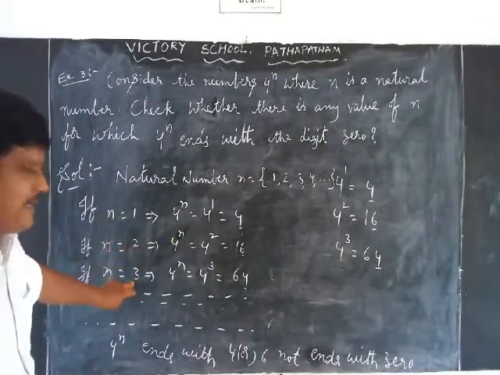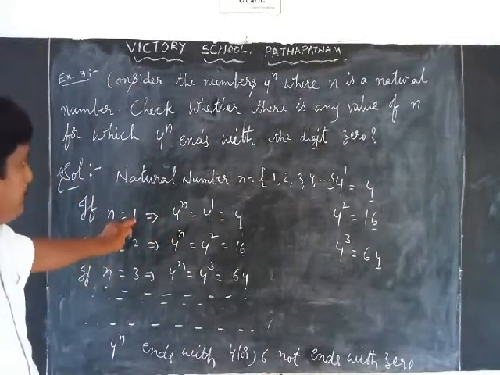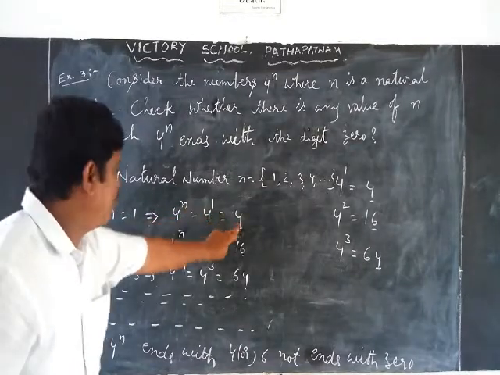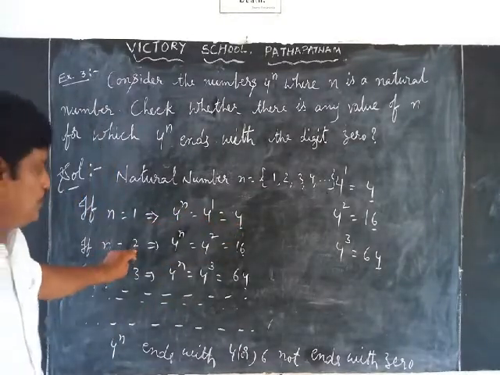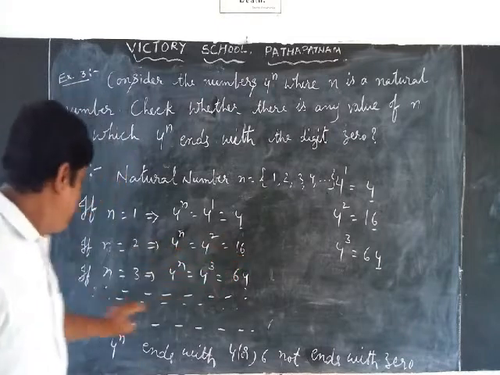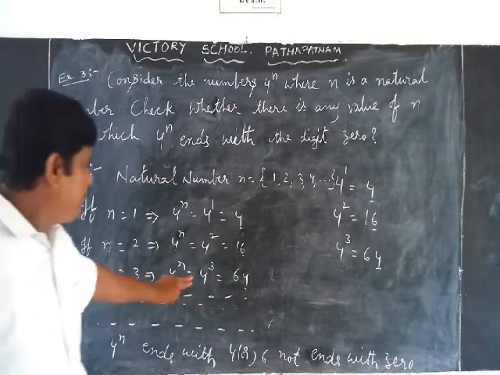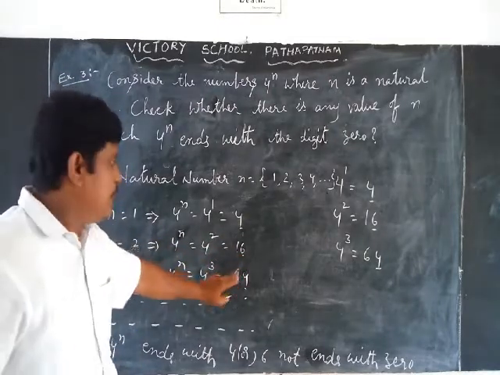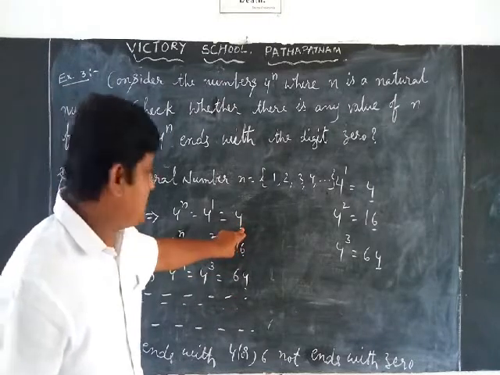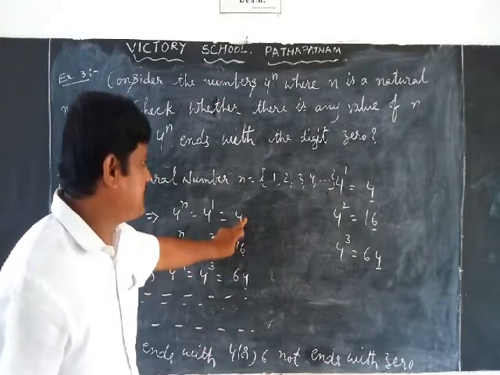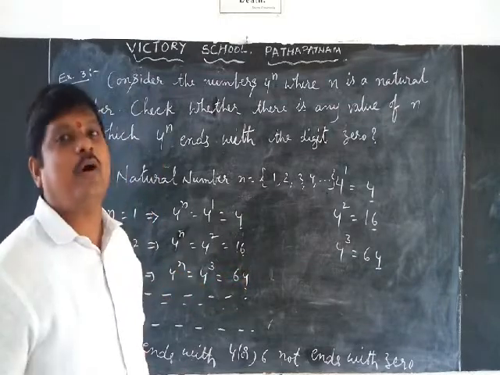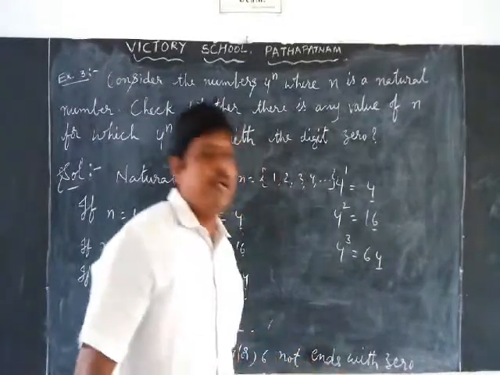Like n equals 1, 4 power 1 equals 4. If n equals 2, 4 square, 16. If n equals 3, 4 cube, 64. So in the units place or ones place it ends with 4 or 6, not ends with 0.